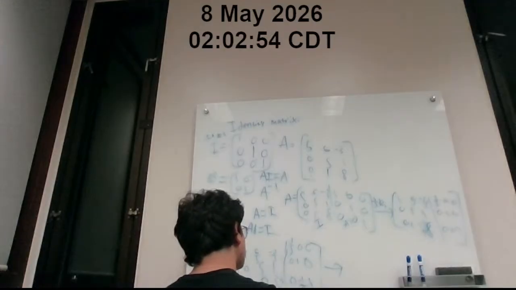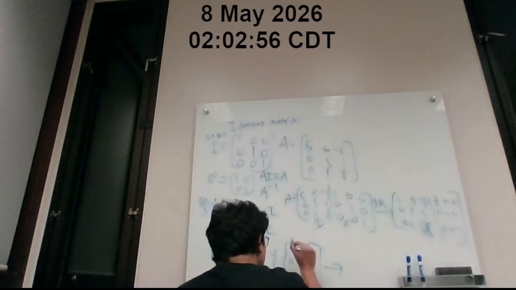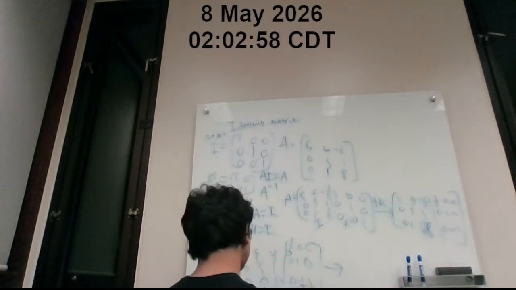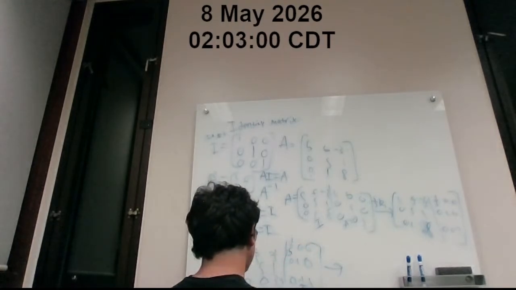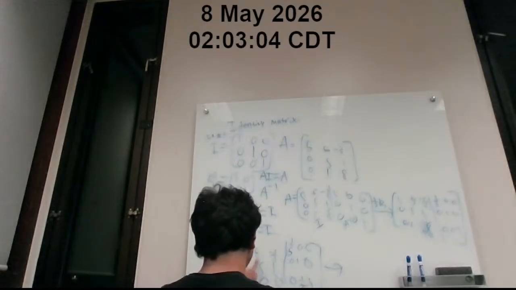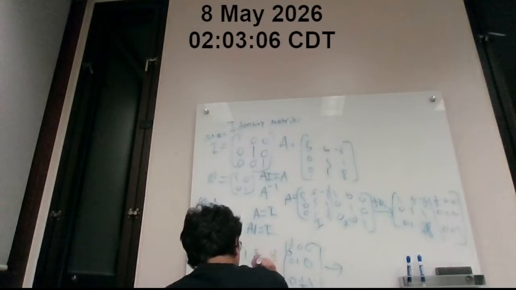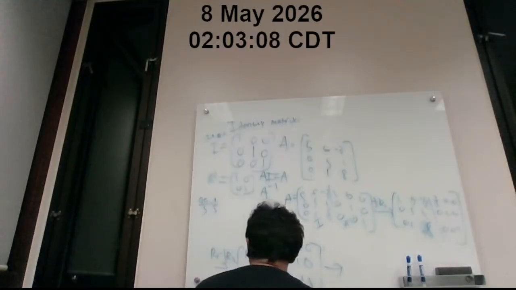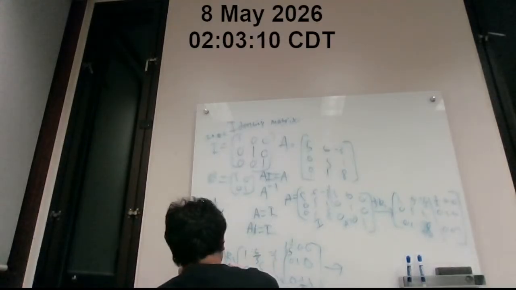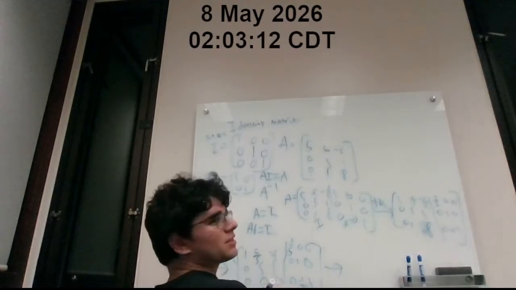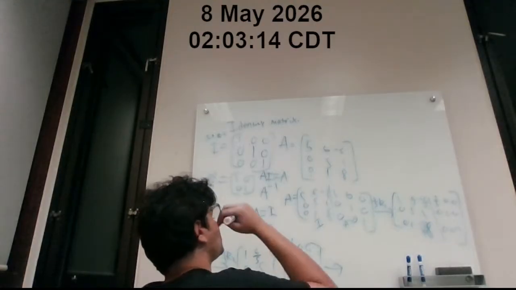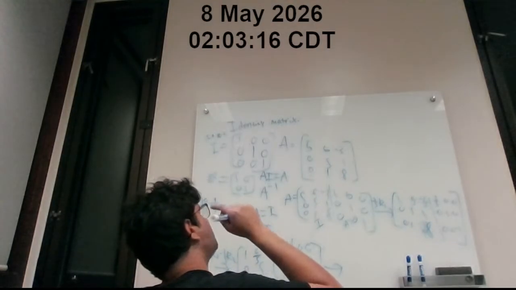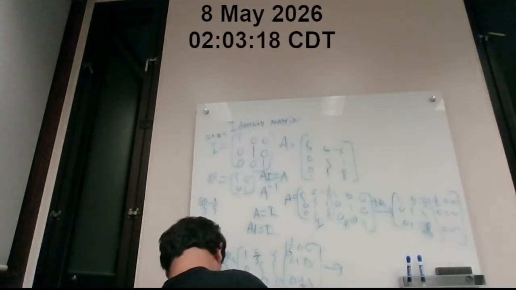How do we make this 1, 0? I guess. Okay. I realized that I contradicted myself, because I said it was basically putting it in row echelon form, but if I put this in row echelon form, it does not make the identity matrix right away.